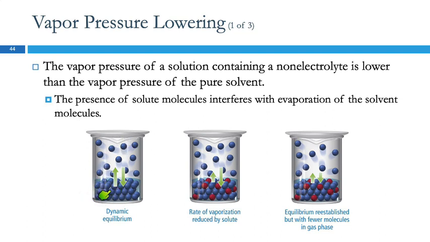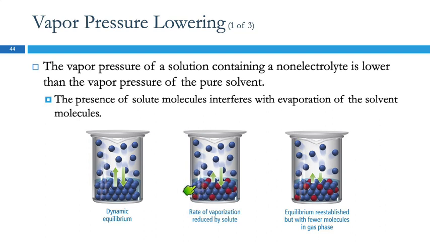And we have this dynamic equilibrium. We have water evaporating into the gas state, and we have water from the gas state condensing, getting stuck back into the liquid. If we add a solute to this, the solute is going to get in the way.